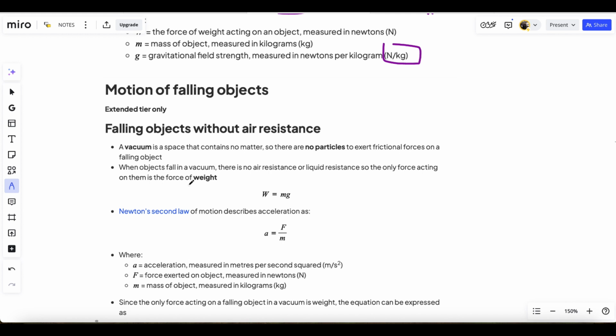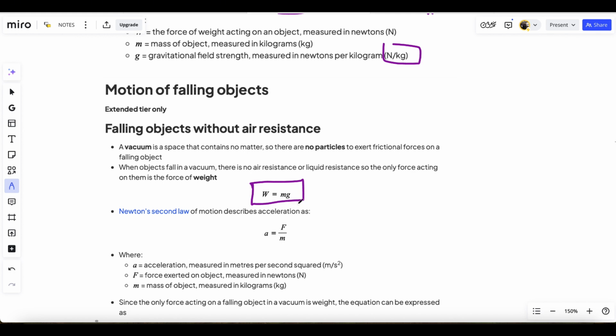Now, when objects fall in a vacuum, there is no air resistance acting on the object, no air resistance or liquid resistance. So only the force with which you're falling, which is called your weight, is the only force acting on you when you are out of the Earth's atmosphere.